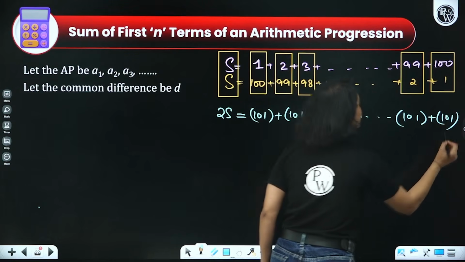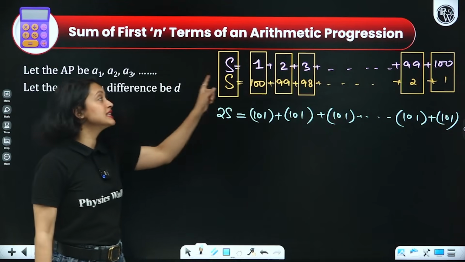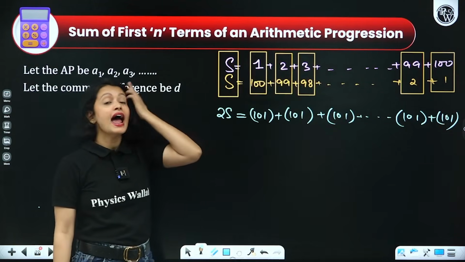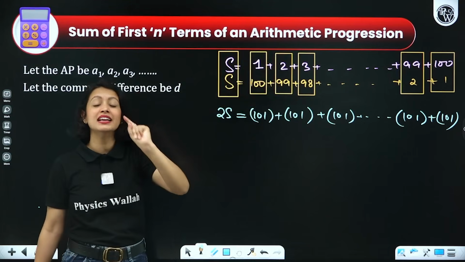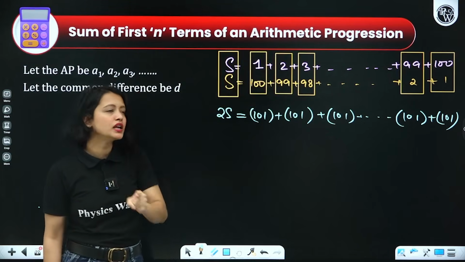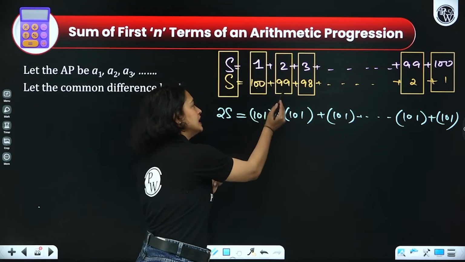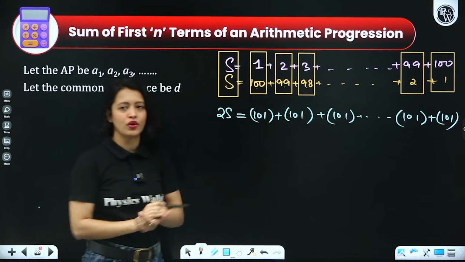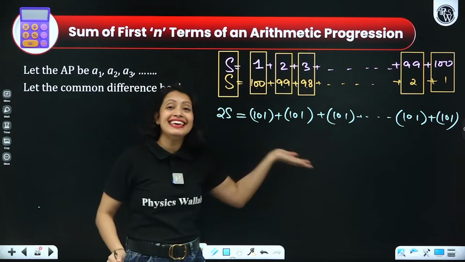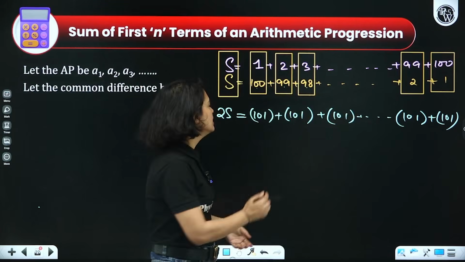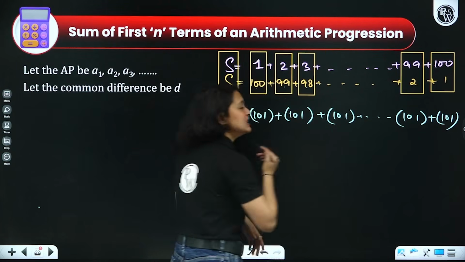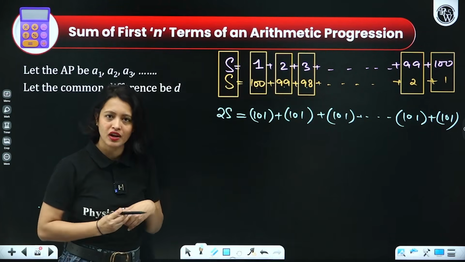So what did he do? He wrote the same series but in reverse order, and then he proceeded to add both the series, in a particular way. What particular way? He added 100 with 1, 99 with 2, 98 with 3, and so on. And what he saw was that in each case you are getting 101. Now, can you not add all these 101s together? Gauss could.